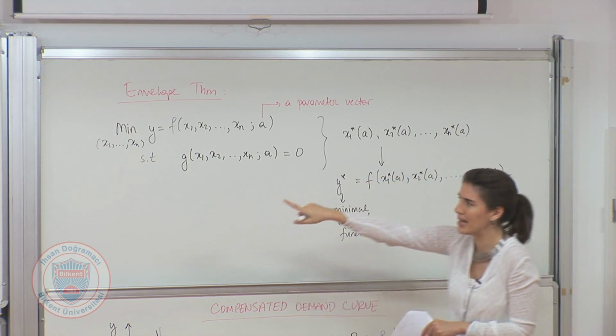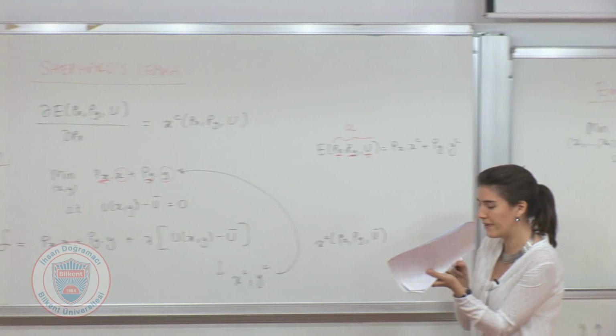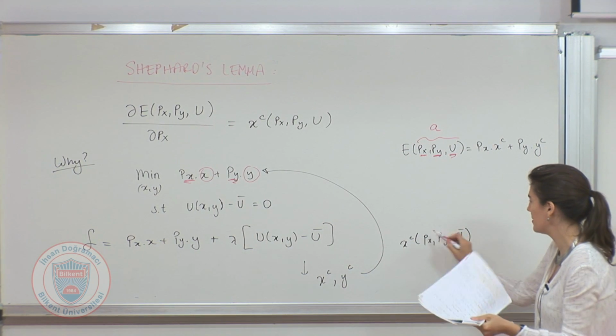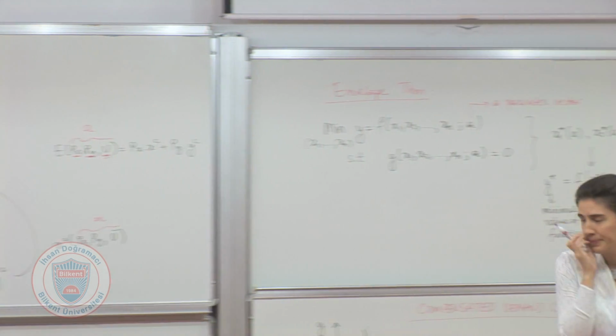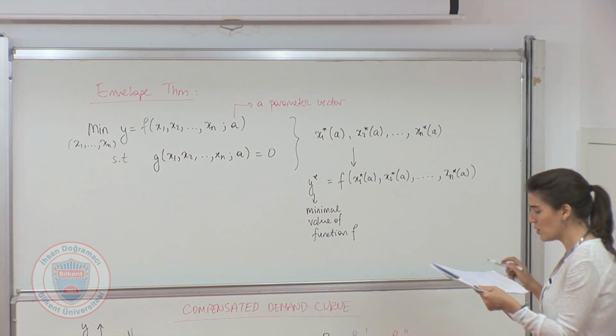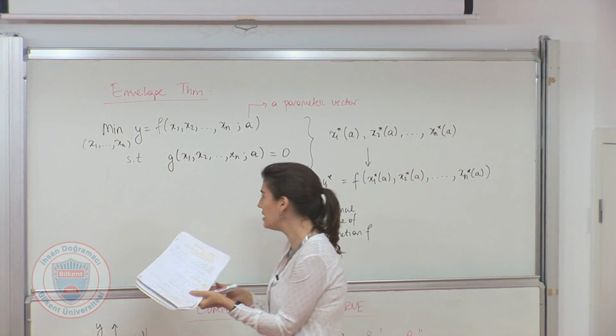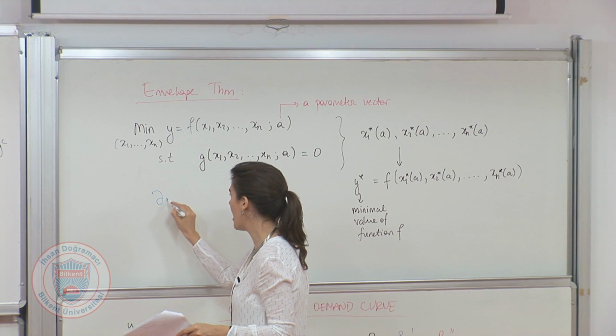That's what we know as the expenditure function. This is a function of all the parameters, right? Now, so this is the case. Suppose I'm interested in this guy.